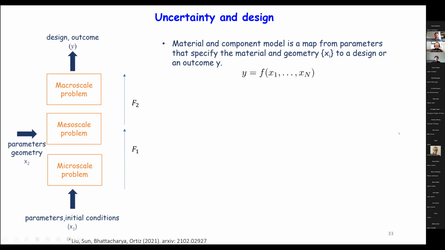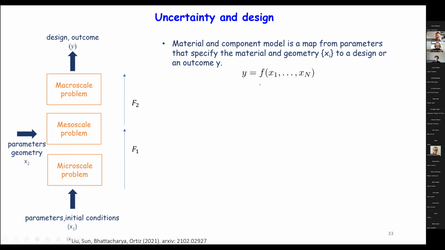The idea is that we're going to think of multiscale systems using maps and subsystems. We think of our material and component model as a map from parameters that specify the material and geometry to a design or an outcome y.